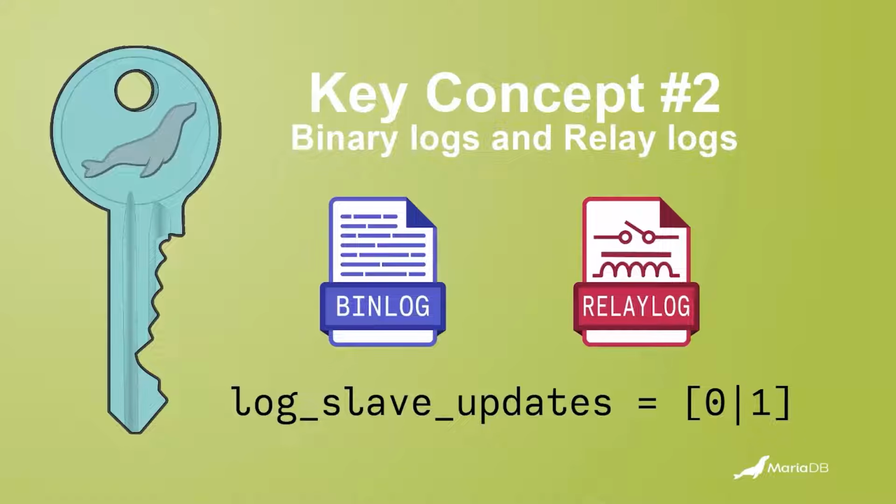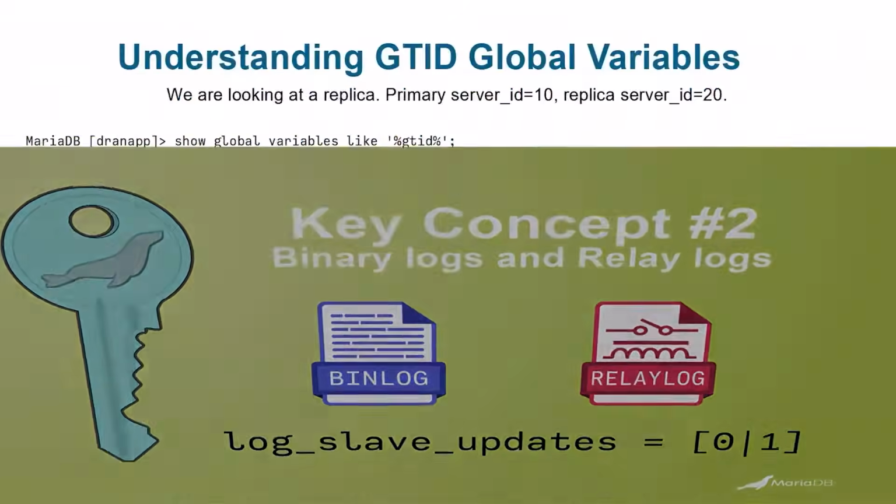Old relay logs are automatically removed once all events have been implemented on the replica. If a replica is configured with log_slave_updates equals 1, then all changes applied via relay logs are also logged to the replica's binary logs. This is required when a replica is also a master in a replication chain.